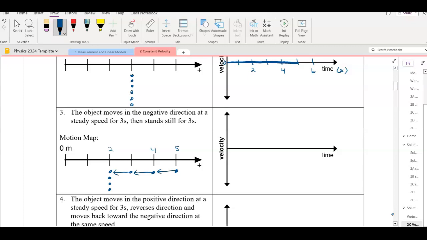So now I need to show that the velocity is -1 for those first 3 seconds. Remember that velocity is a vector, and the sign, whether positive or negative, tells you information about the direction that it moved. So if it's moving in the negative direction, we have a negative velocity.